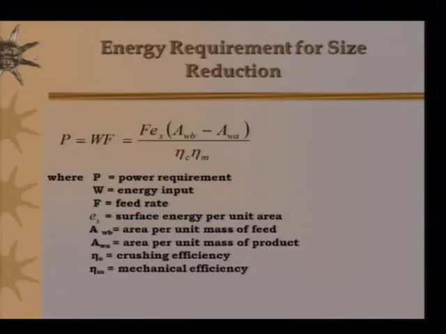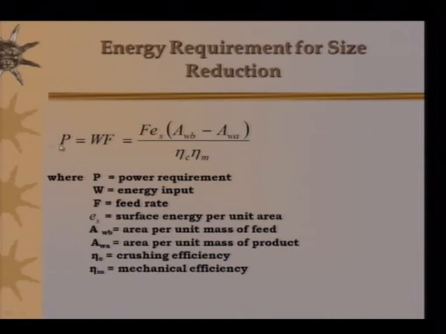Now another very important aspect in such equipment is energy requirement for size reduction. Obviously any machine can be designed and developed, but one important aspect remains how much energy it requires to operate.